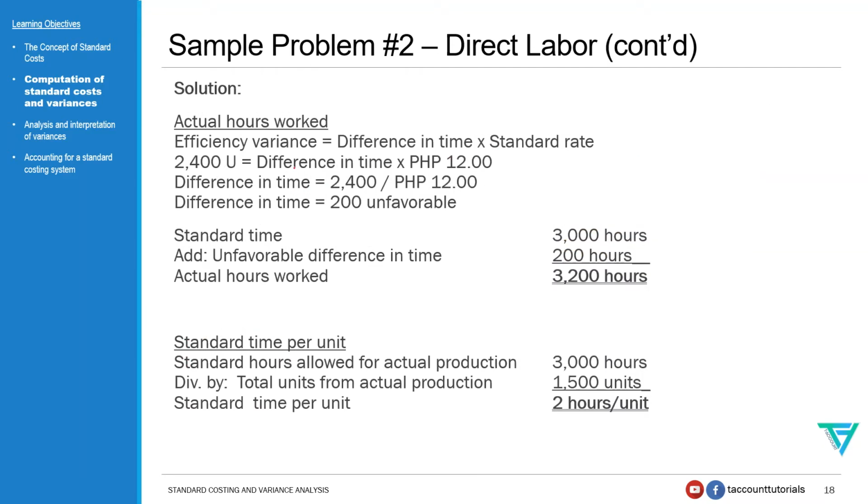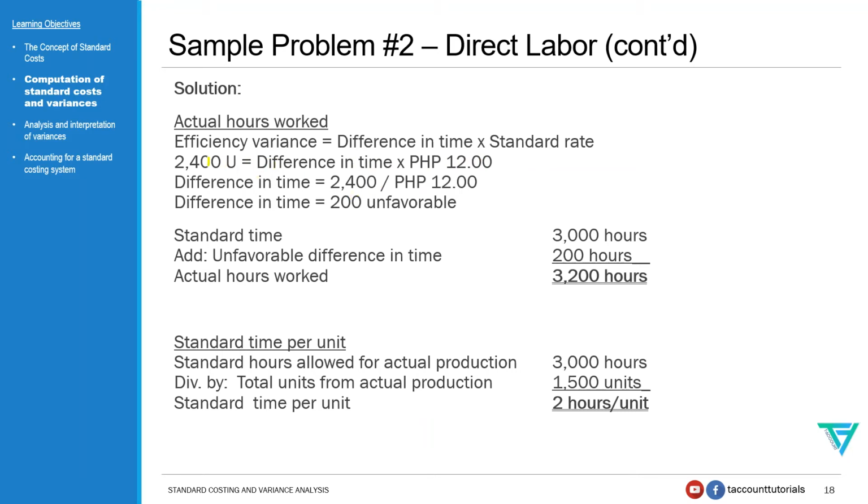So in computing for the total actual hours worked, we compute first the difference in time which caused the unfavorable efficiency variance of 2,400. So efficiency variance is equal to difference in time times the standard rate. Given that the efficiency variance is 2,400 unfavorable, this is equal to the difference in time multiplied by 12 pesos as standard rate.